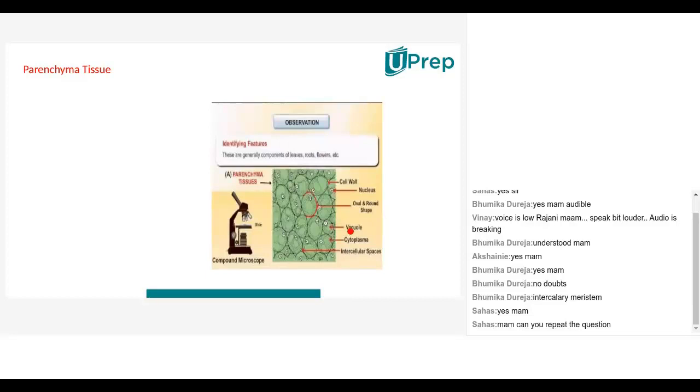While discussing the characters, I explained why vacuole is absent in meristematic tissue. Ma'am, because vacuole causes hindrance in the cell division of meristematic tissue since the meristematic tissues are constantly dividing. Yeah, that's a very good try, very good answer. But in this context, I included one more point along with that, the absence of vacuole in meristematic tissue.